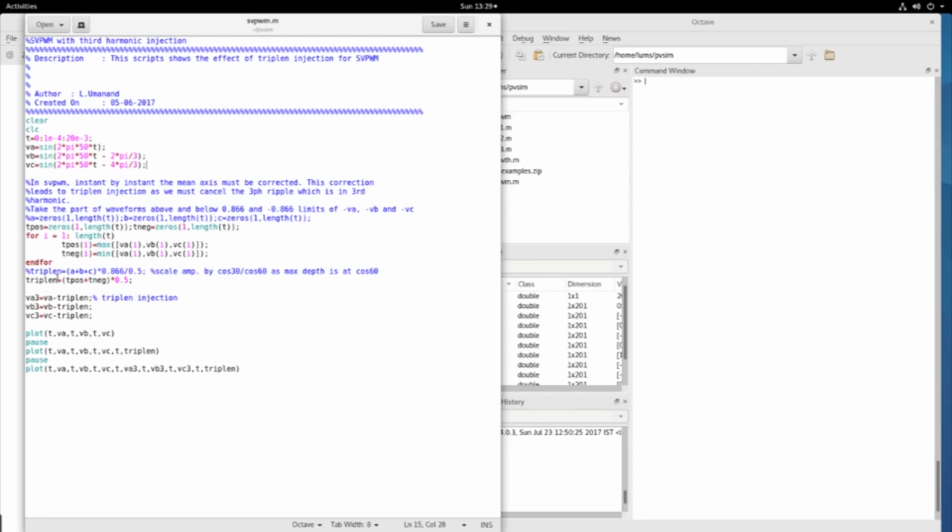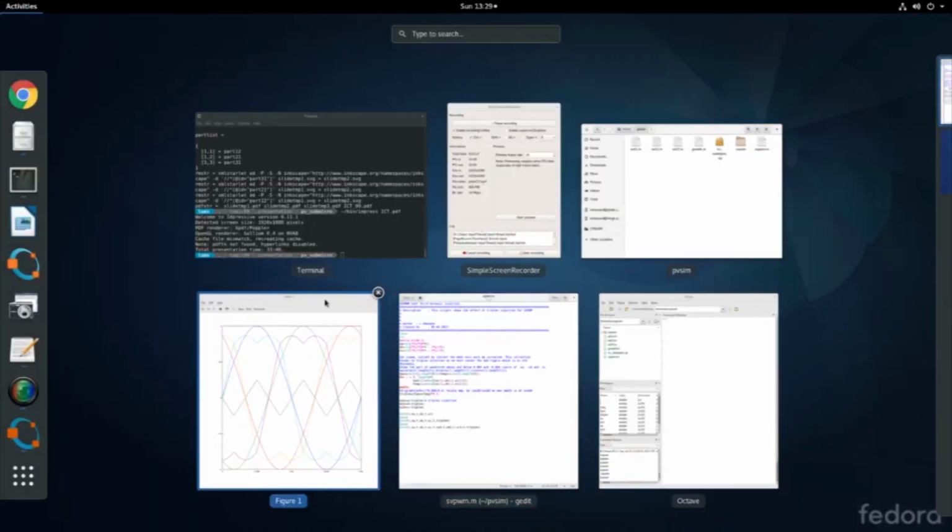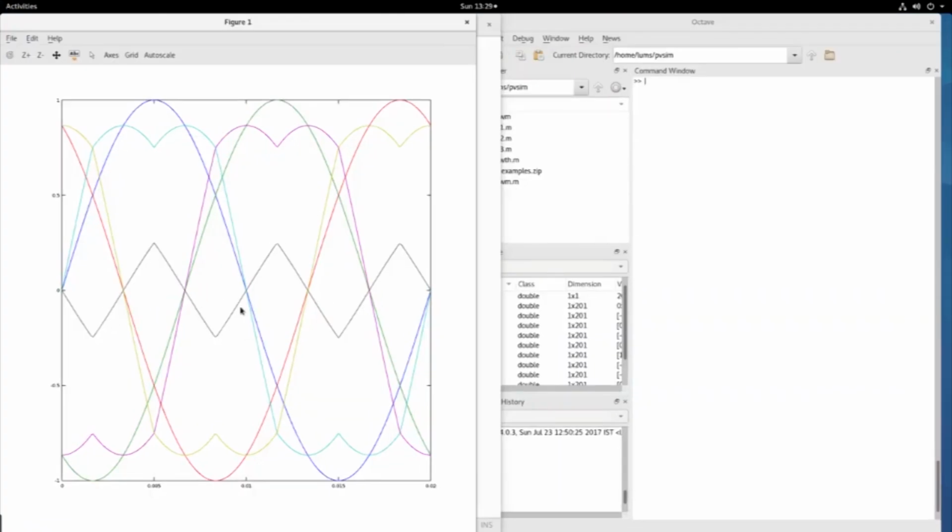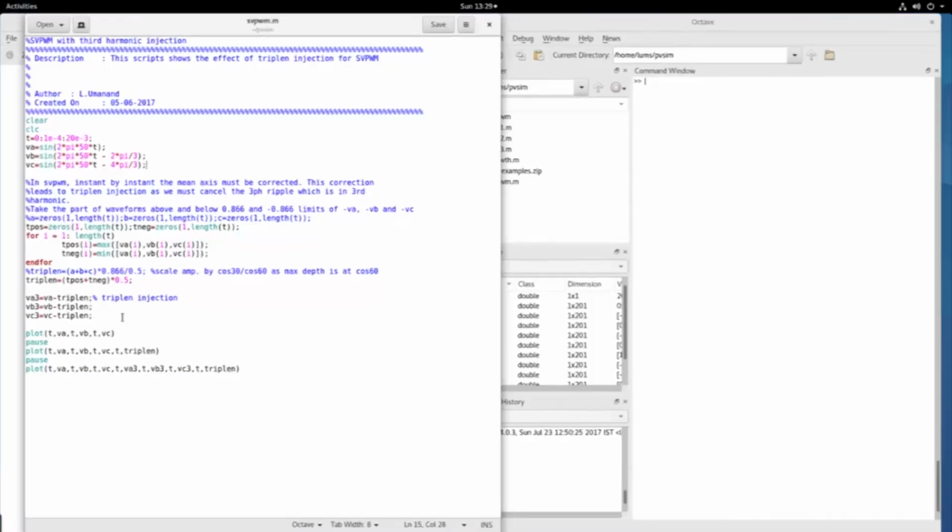Now the triplen I add is the average of these two, T positive plus T negative divided by 2, and that is the triplen wave shape we saw here. This I subtract from the original sinusoidal modulating wave shape.